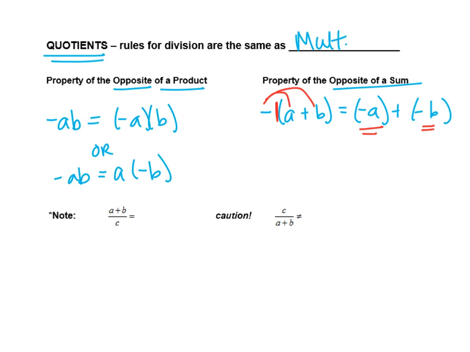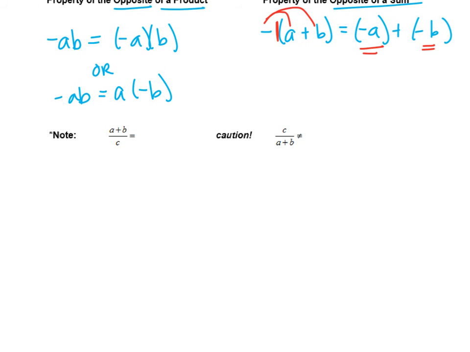We are going to see some examples that deal with fractions that look like this. So just a heads up, if you have a sum, A plus B, and they are both being divided by one thing on the bottom, one denominator C, that's equal to A over C plus B over C. You can separate out that fraction.